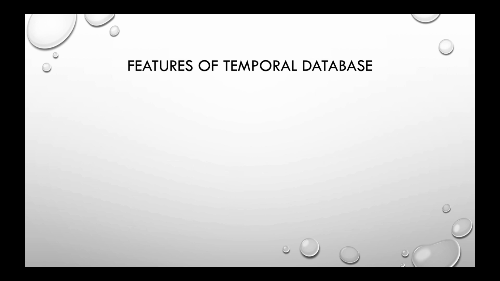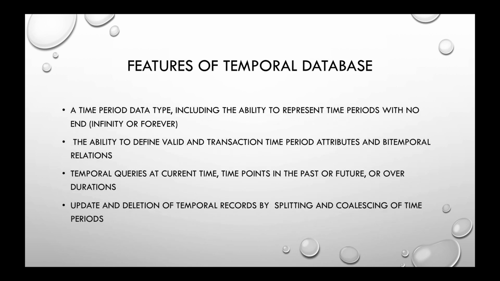So here are the features of a temporal database. First, the temporal database records time period data types, which includes the ability to present a time period with no end. Second, the temporal database can define valid and transition time period attributes and temporal relations, which we are going to elaborate later.